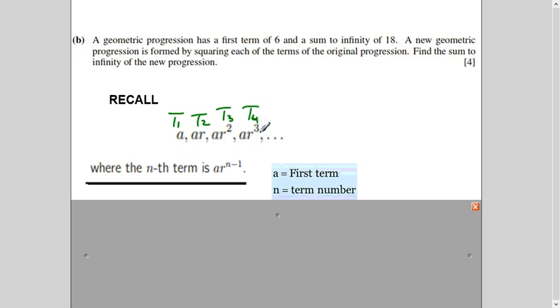So the power of R is 1 less than the term we are talking about. So when I say nth term, it means this. So the general term will be AR^(n-1). Okay. So whatever the number will come here, the term you are talking about, this will be 1 less than that. And the reason you understand from here.